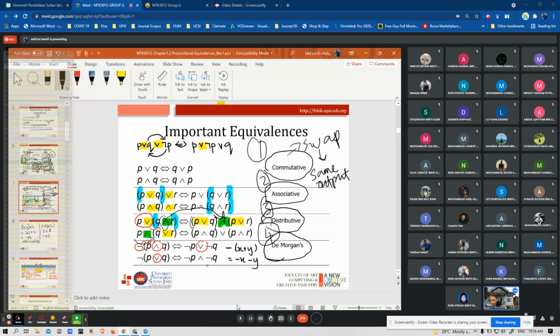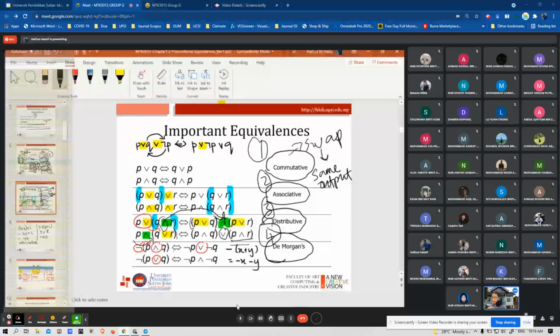You put P into the bracket. Okay, and then P or Q, and P or R. Okay, but the distributive, associative, and commutative, the output is the same, still the same.